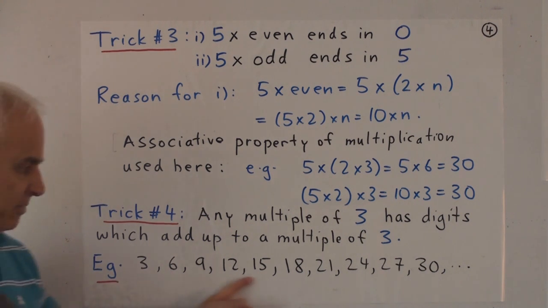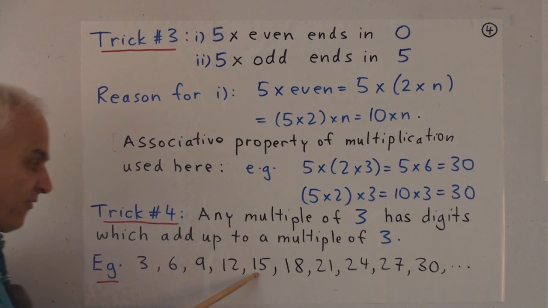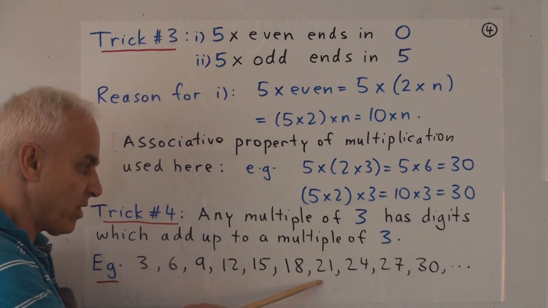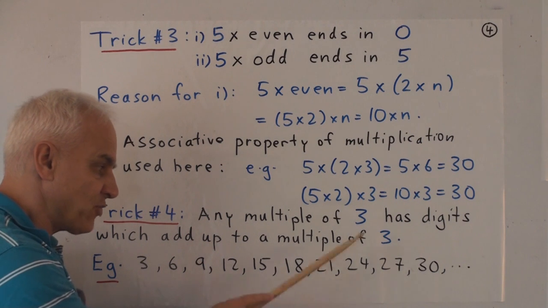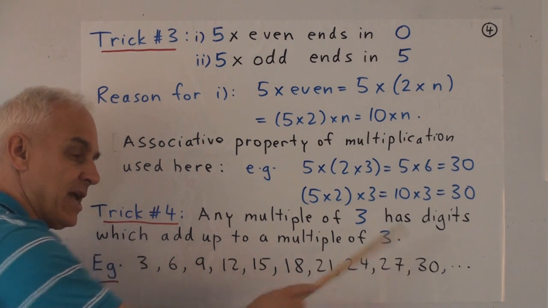Here are the multiples of 3, or at least the first 10 or so of them. 3 times 1 is 3, 3 times 2 is 6, 3 times 3 is 9, 3 times 4 is 12, 3 times 5 is 15, 3 times 6 is 18, 3 times 7 is 21, 3 times 8 is 24, 3 times 9 is 27, and 3 times 10 is 30.